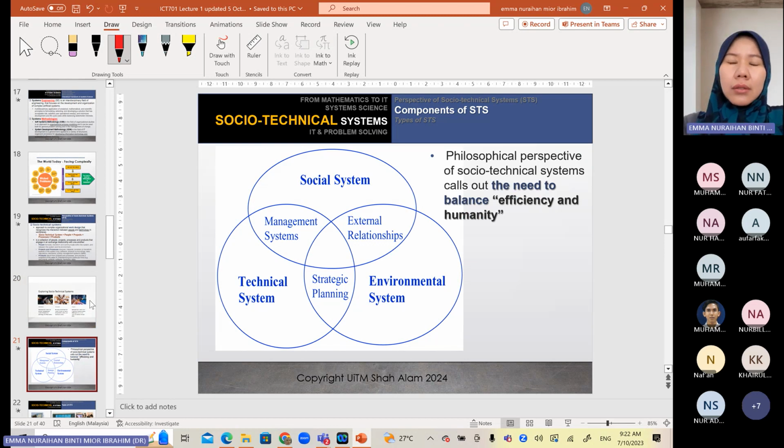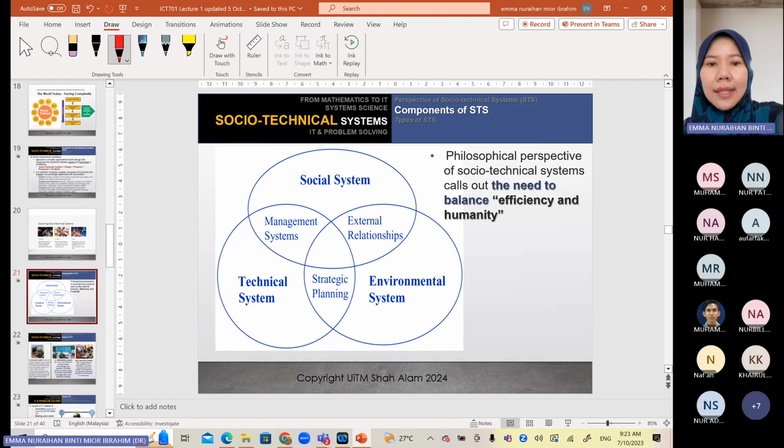You can just go to the Alibaba platform and interact with the potential seller. Socio-technical systems, or STS, combine many subsystems to balance efficiency and also humanity, which means you serve locally and globally.